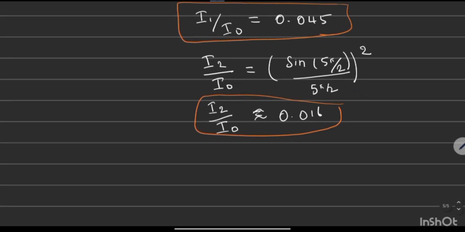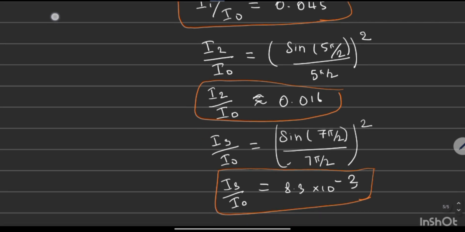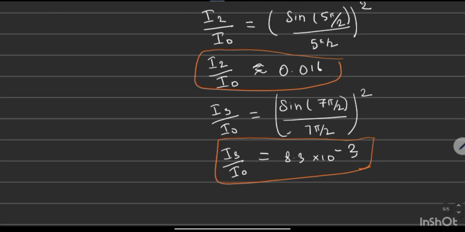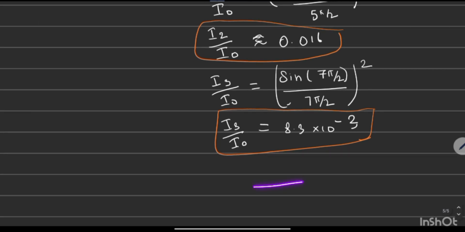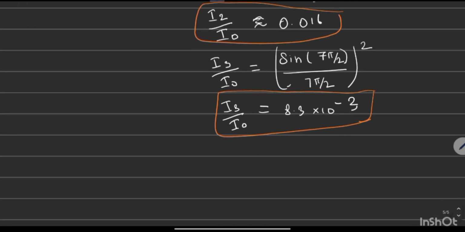Now putting m equal to 3 gives the ratio of the third order maxima with respect to the central maxima, which is further lesser than this value. So intensity keeps on decreasing as you go away from the central maximum. That's all. Thank you.